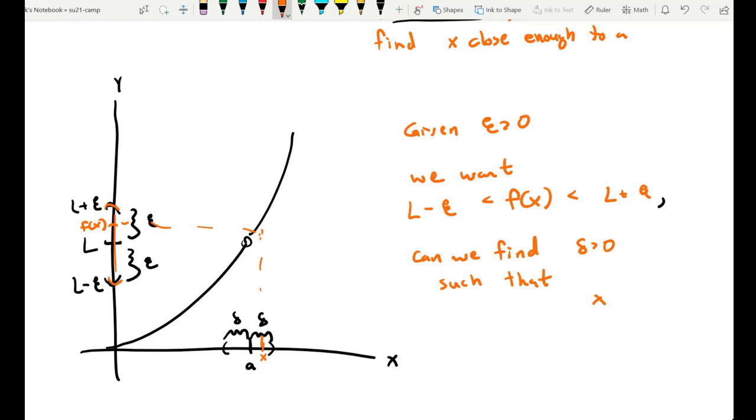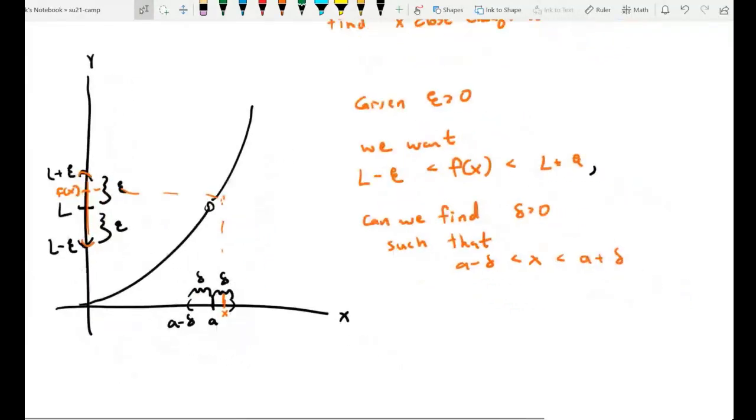So we want x to be between A minus delta and A plus delta. Okay. So can we find a distance such that if we know that x is within that distance of A, you plug that into your function, then it's guaranteed that f of x will be within a distance of epsilon of the limit. All right.